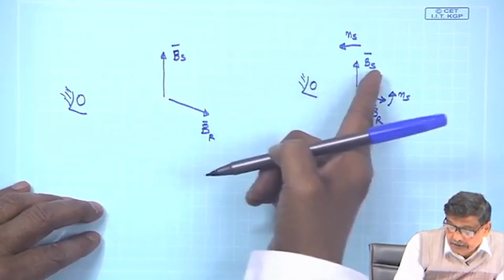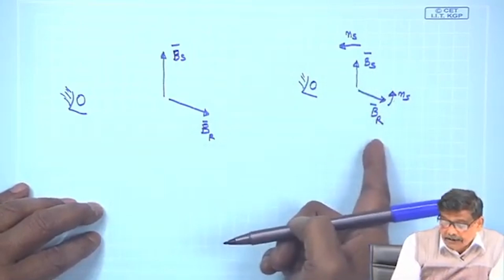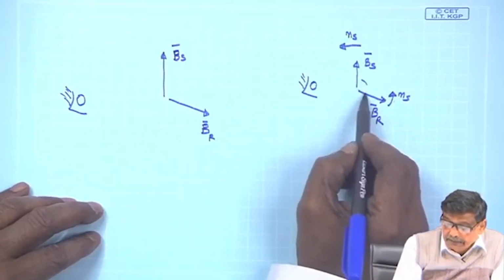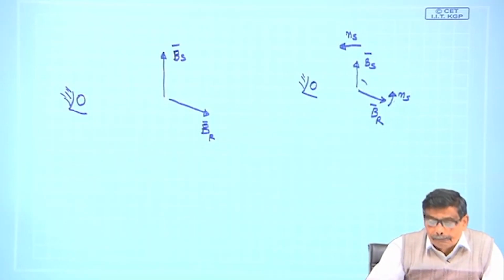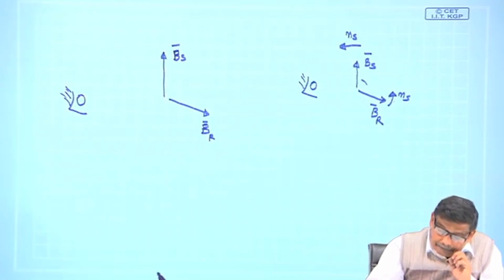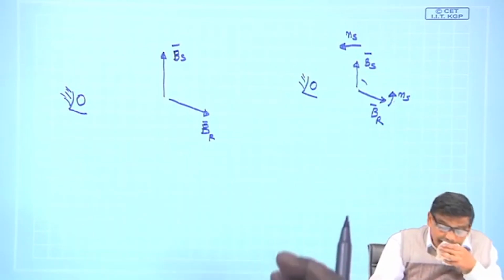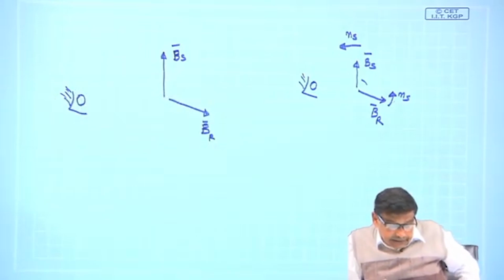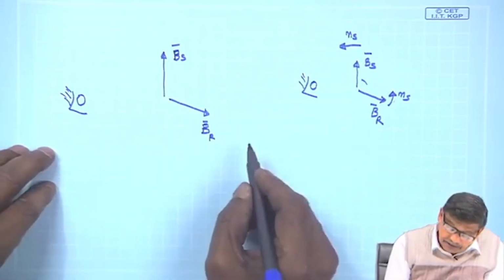Whatever speed he sees for Bs, the same speed he must see for Br, such that the angle between them is constant and it will have a rotating magnetic field. I hope you have got the point. Achha, another important point is there, that I first write, then try to explain.